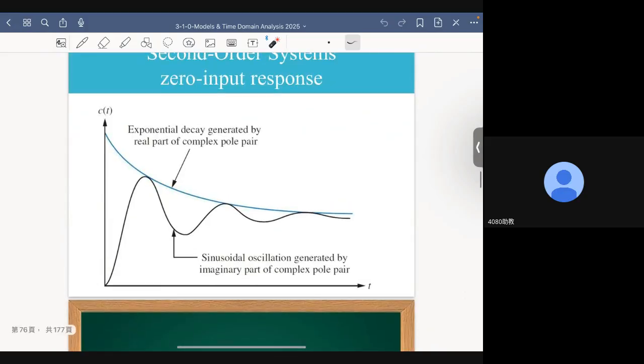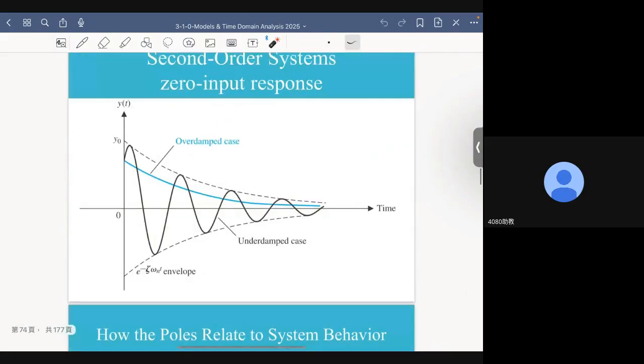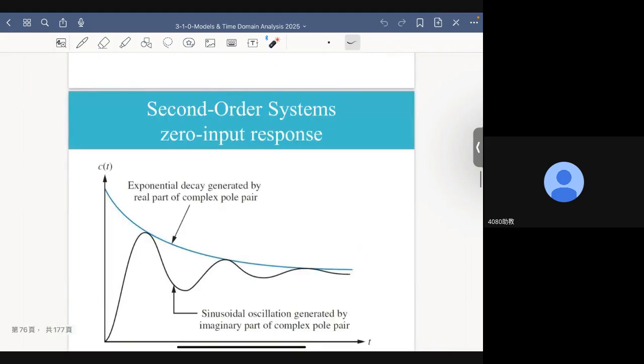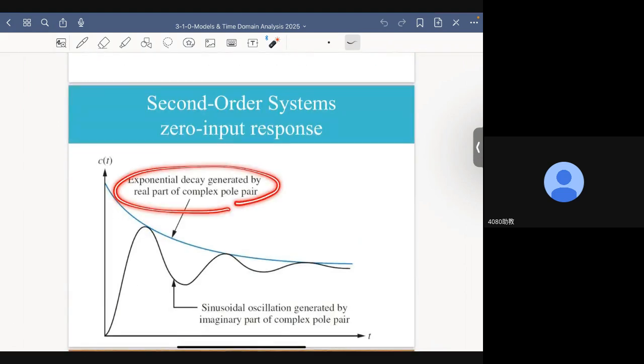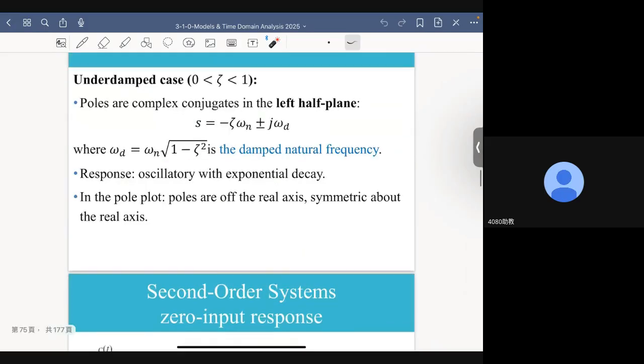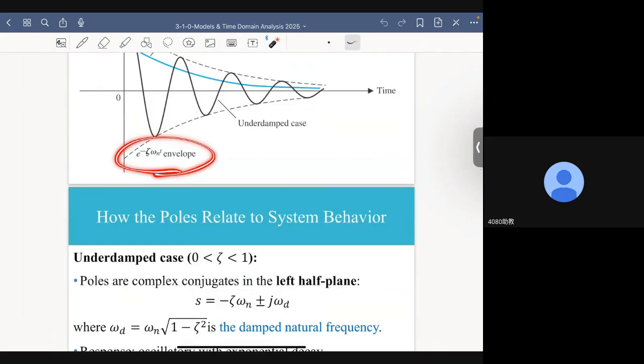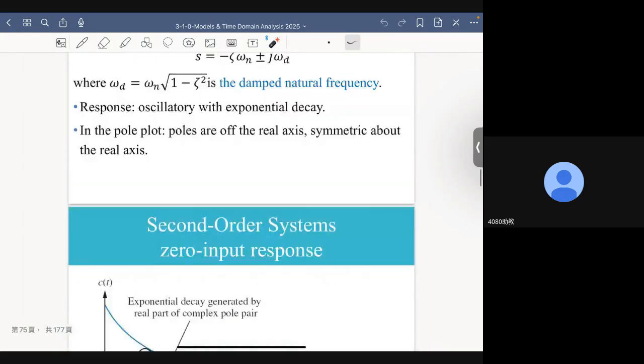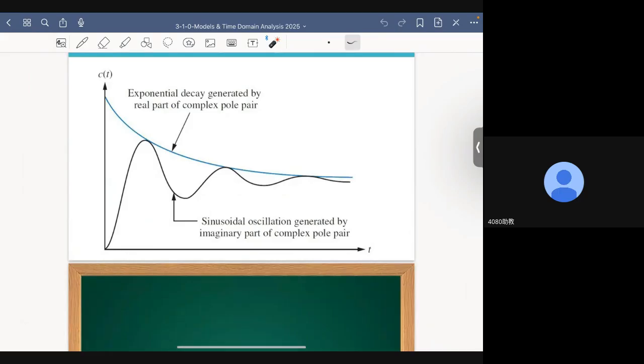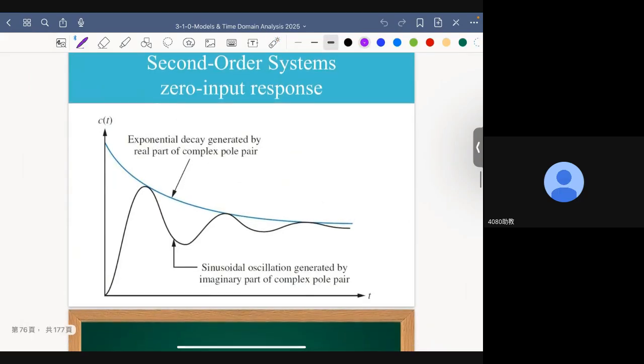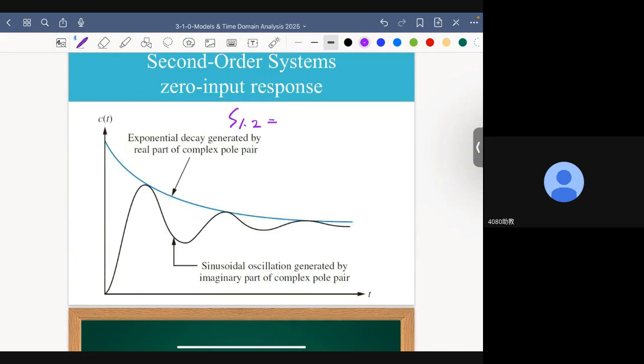So here, this blue curve represents the envelope: exponential decay generated by the real part of the complex pole pairs. That means the envelope, which is this term, is actually, let me write it here, s1,2 is equal to minus eta omega n plus minus j omega d.